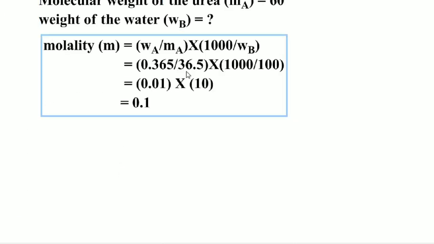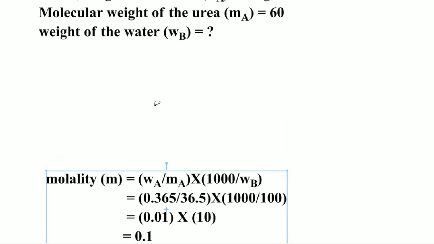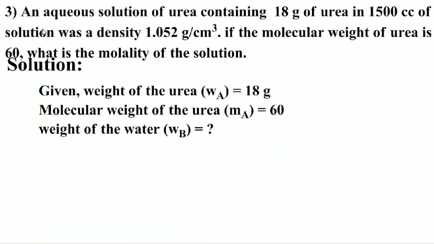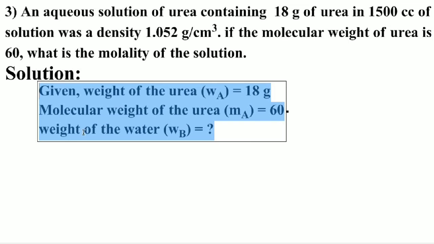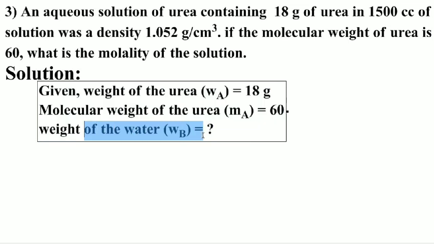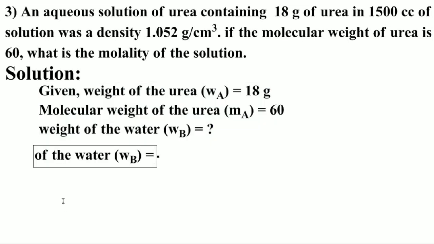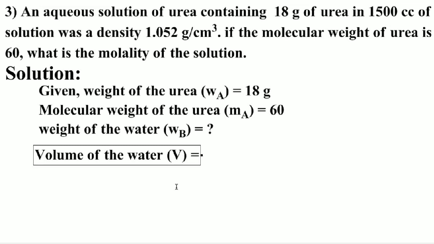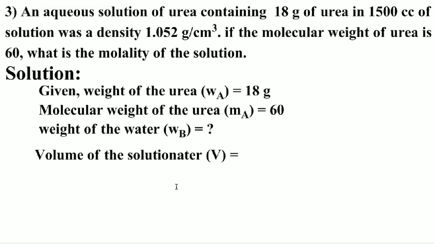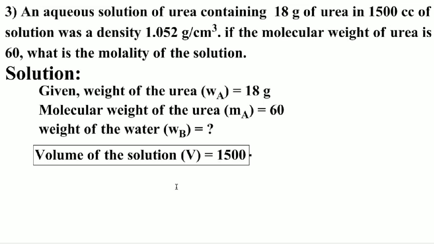Along with this data, the volume of the solution is given in the problem. Given the volume of the solution, capital V, we can write it like this, students: the volume of the solution is 1500 cc, meaning centimeter cube.